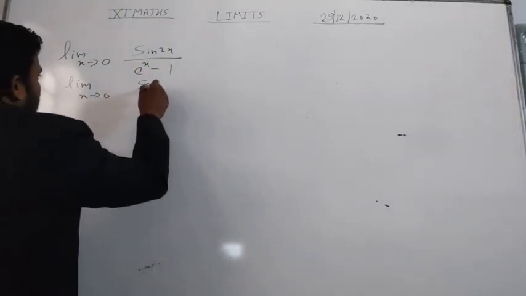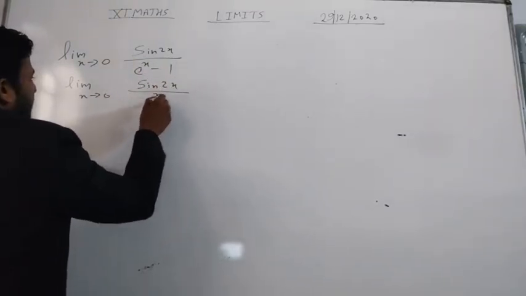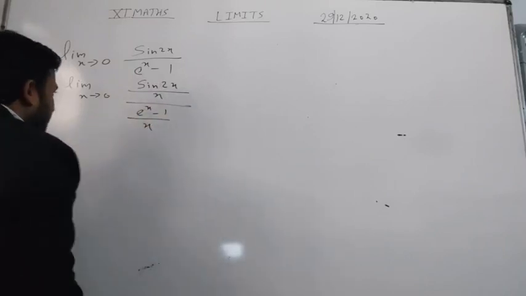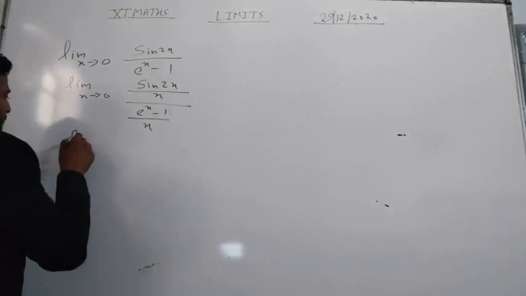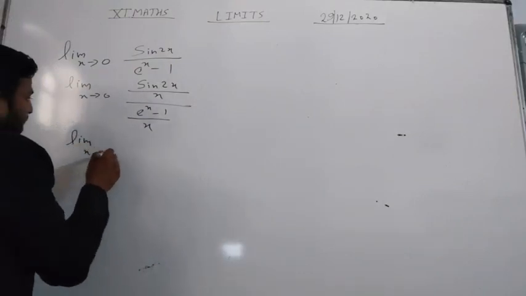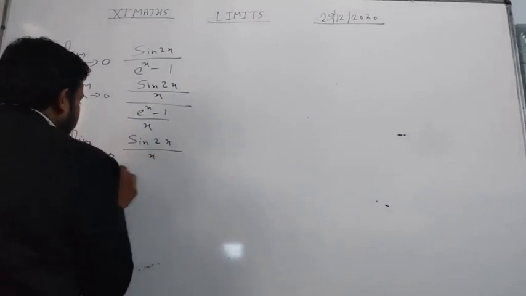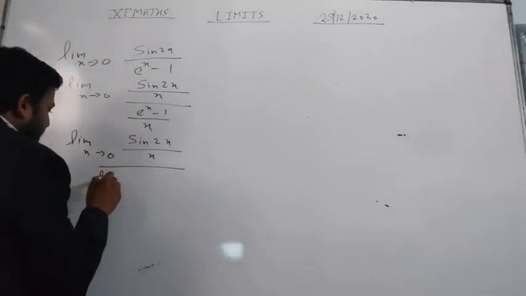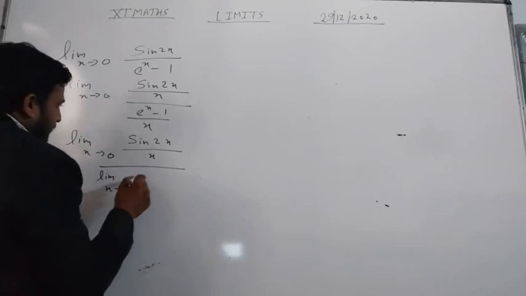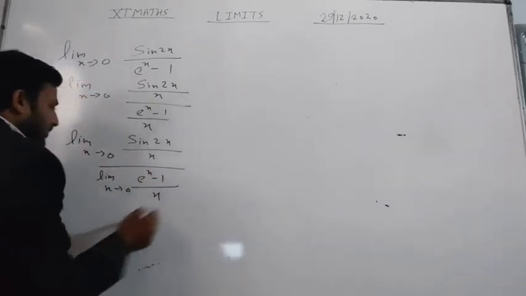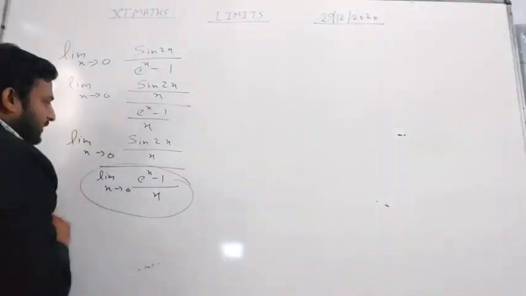Now we write, student, sine 2x by x over e to the power x minus 1 by x, and separating the limits: limit x tends to 0 sine 2x by x, by limit x tends to 0 e to the power x minus 1 by x. So this part is equal to 1 student.